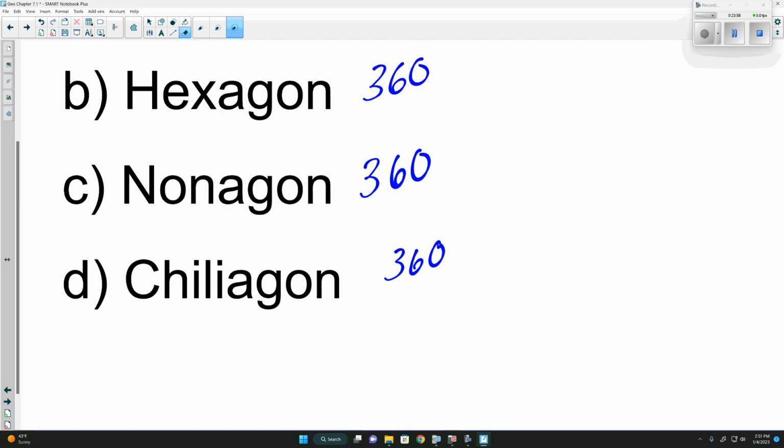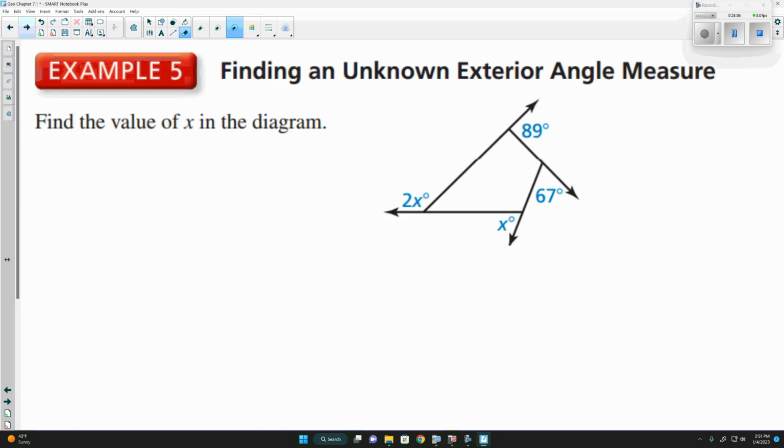So anytime it's talking about exterior, the sum of the exterior angles, yep, is 360. And the only thing we do have to classify is that there's only one exterior angle at each vertex. So we're only talking about one of these here. But we do know for this one here, these angles add up to be 360.